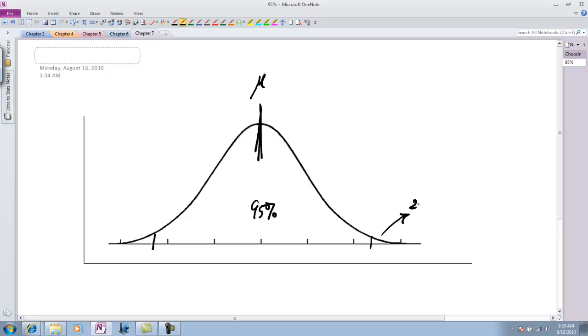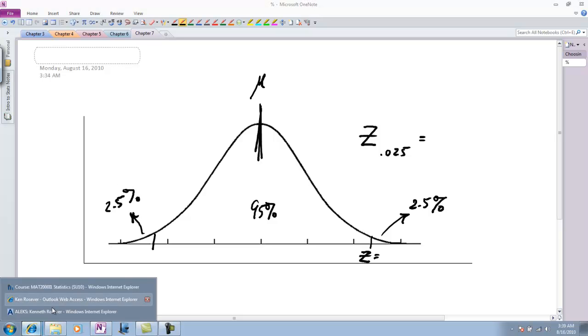So 2.5% here and 2.5% here. Now the great thing is the calculator does that: if you do z of 0.025, it'll give you the z value that cuts off the upper 2.5%.